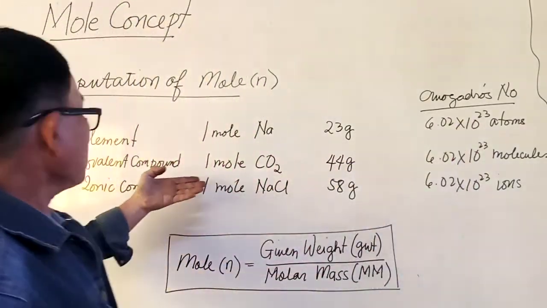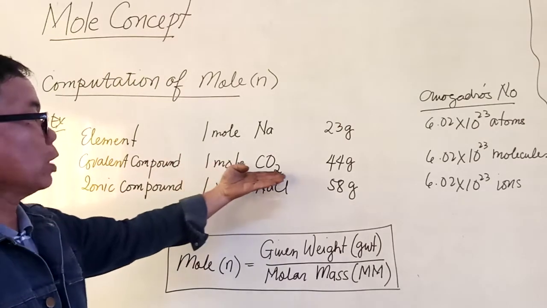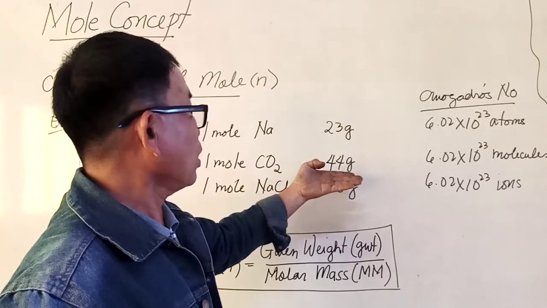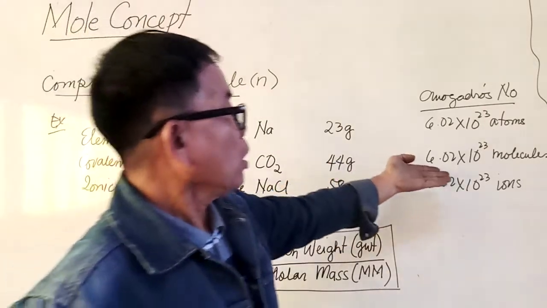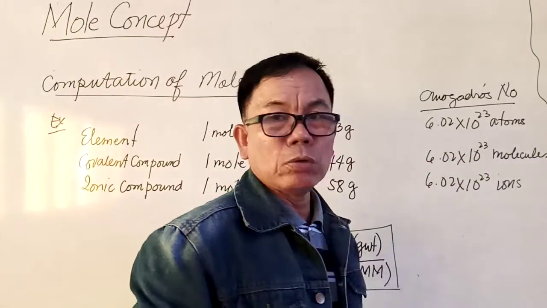The same is true for a covalent compound. We have carbon dioxide, with a molecular weight of 44 grams. It also contains 6.02 times 10 to the 23rd molecules.